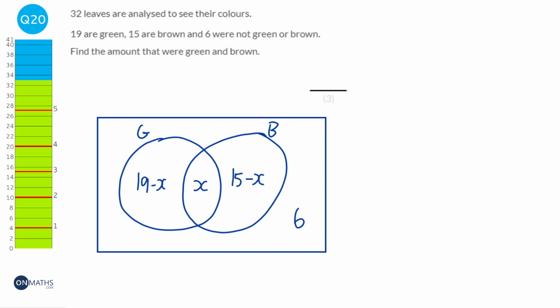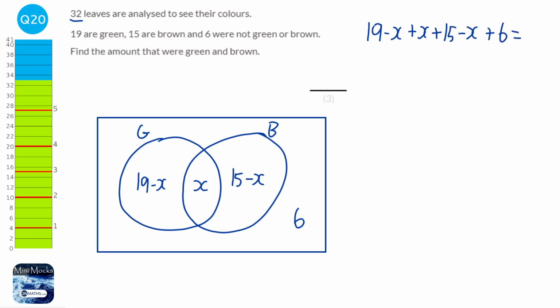And for the next step, we know that all of them together add up to 32, because it says in the question. So we're going to add all of these, the 19 minus x, the x, the 15 minus x, and the 6 together, and we know that equals 32.